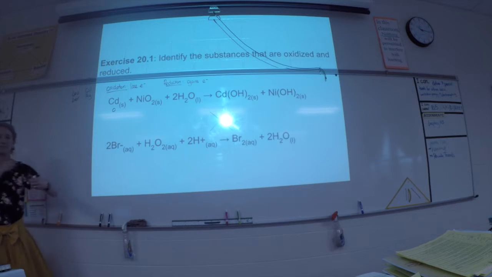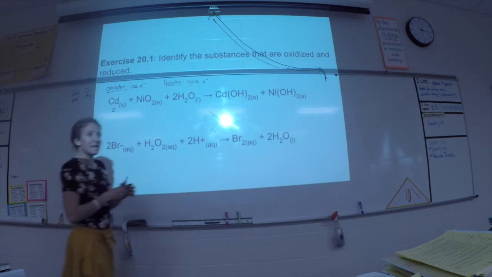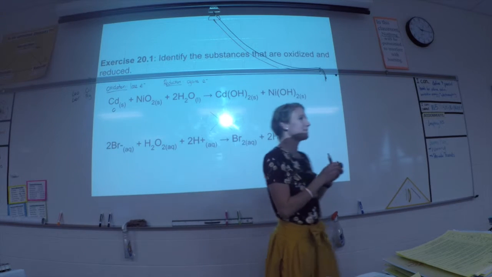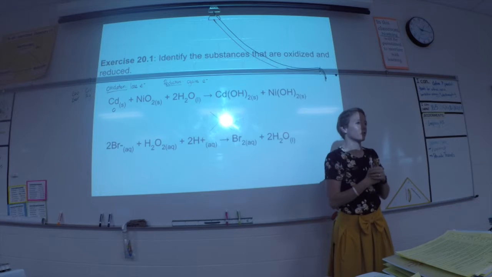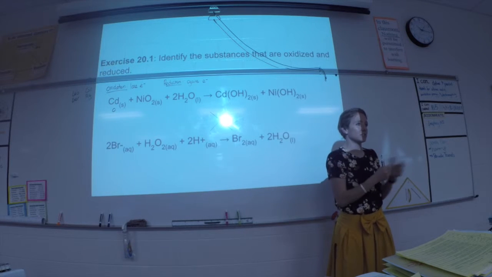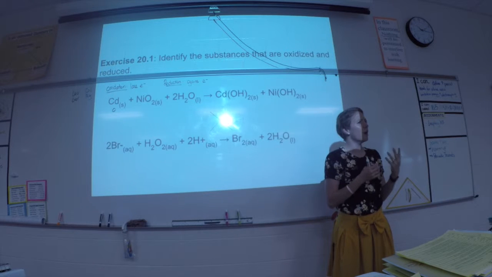What about diatomic? Diatomic would still be 0 because that's their natural state. If it wasn't in its natural state, it would be something different, but then it'd probably have a charge on it, which tells you its oxidation number.